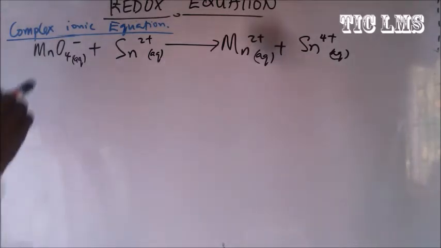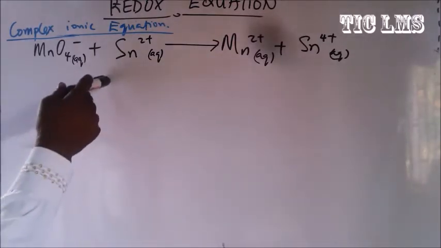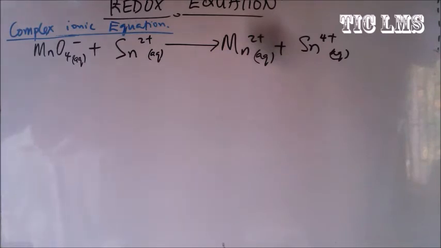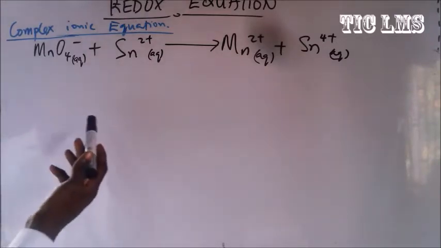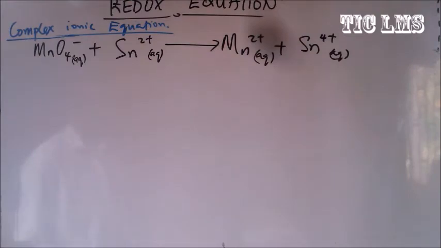When we look at it, we have just 1 oxygen over here, and for us to balance this, we have to introduce a water molecule on the other side and then hydrogen ion on this other side. Because of the hydrogen ion that is introduced, it is the introduction of an acid. Now that means there will be an acid introduced on this side in order to balance it up.